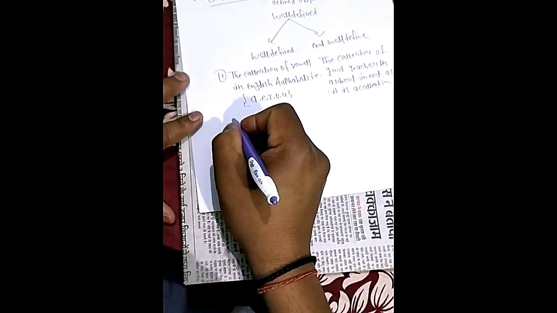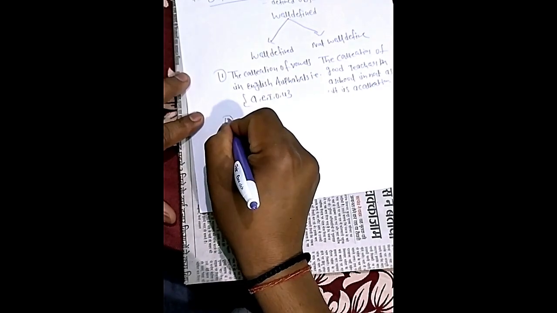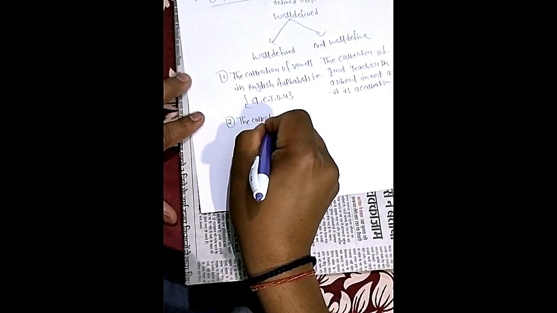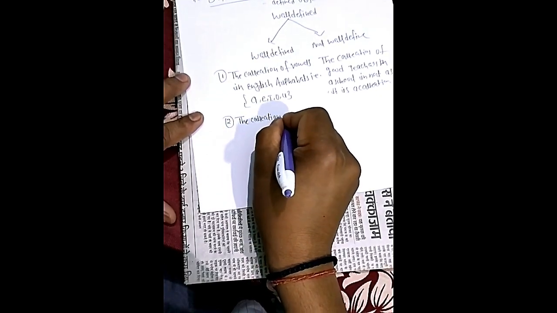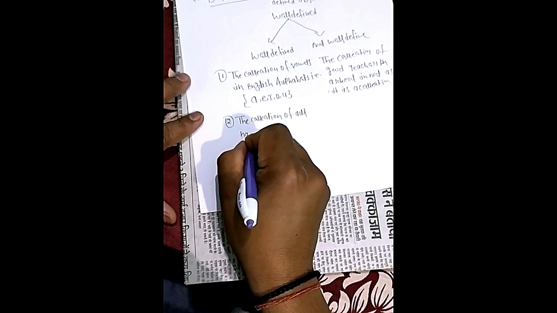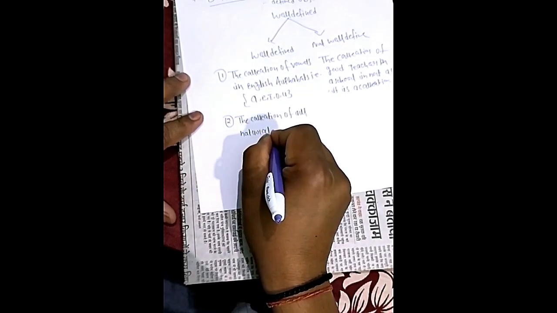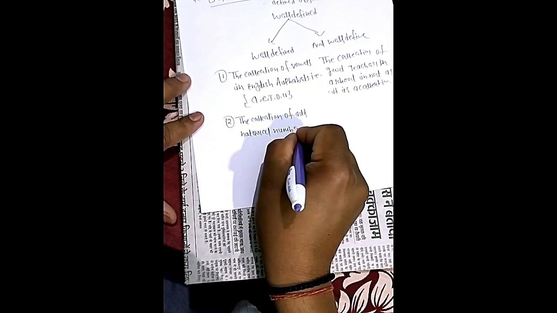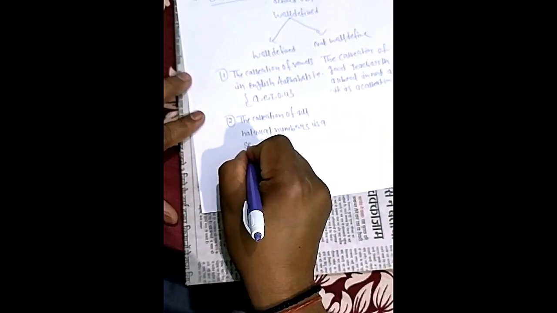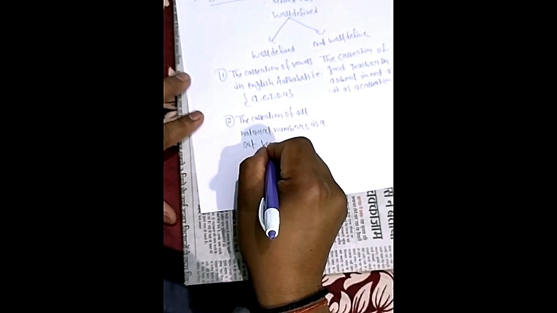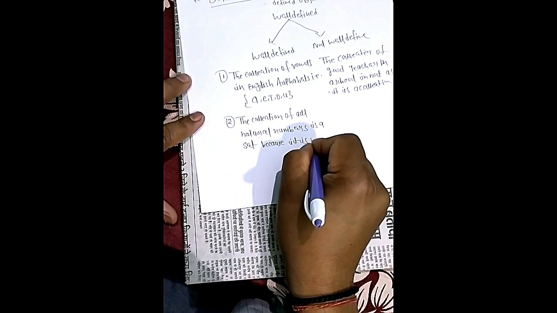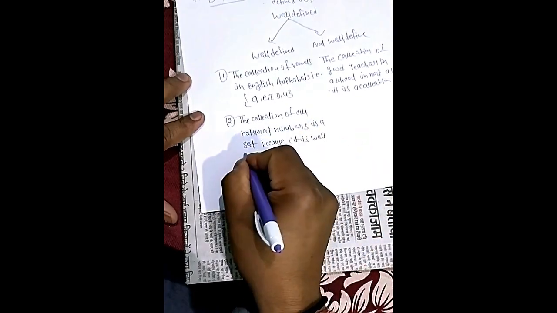Now the second example. The collection of all natural numbers is a set because it is well defined.